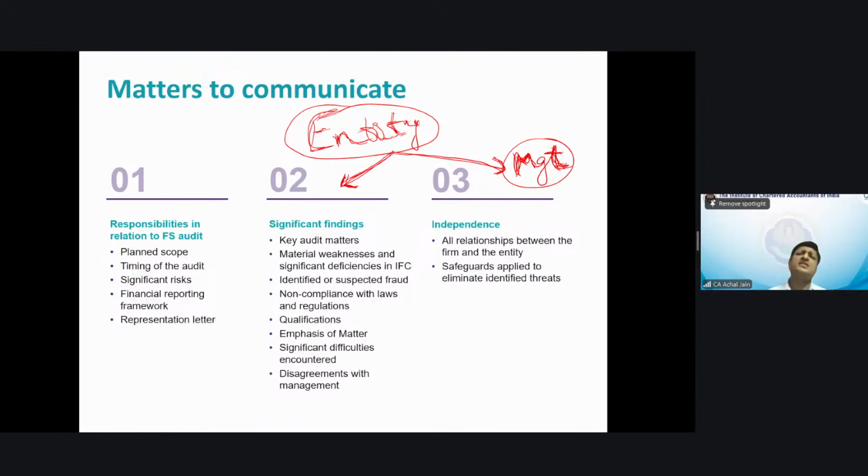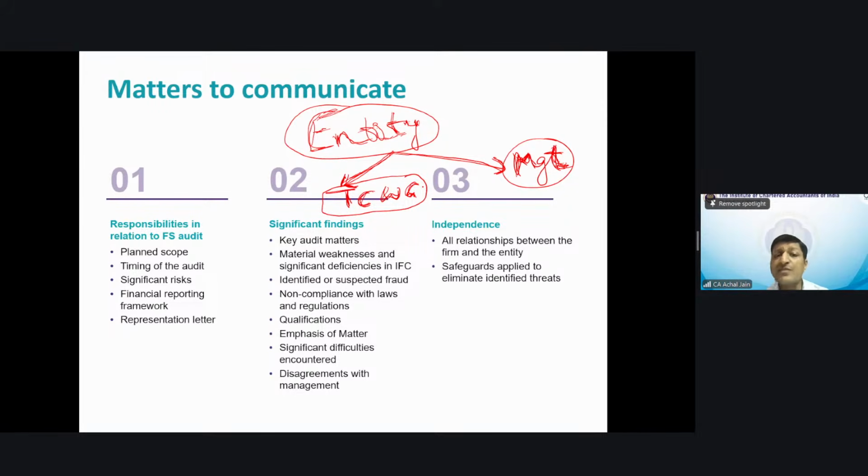Now the next is TCWG. So when you talk about management, the next is TCWG. And with TCWG, the expectation is not that you go and meet them or make them sit with you for the purposes of audit, the way you do with the accounts team, the management, the finance team.